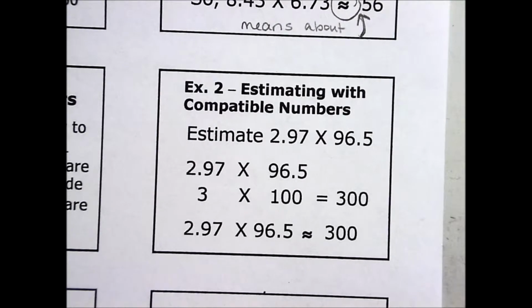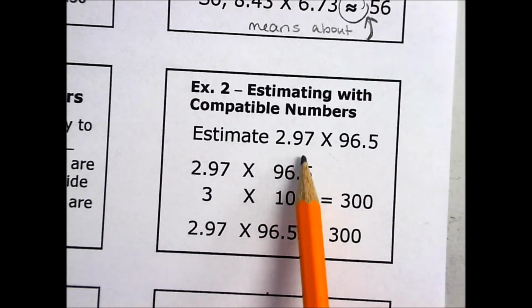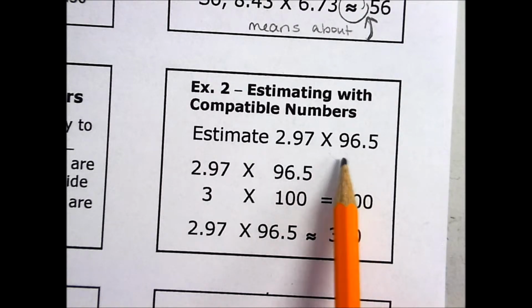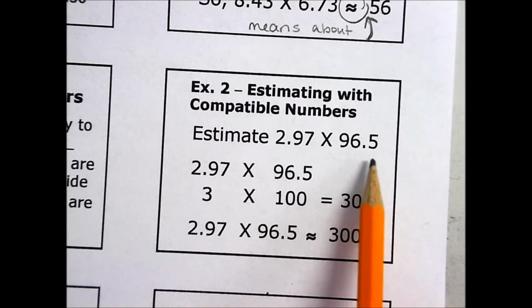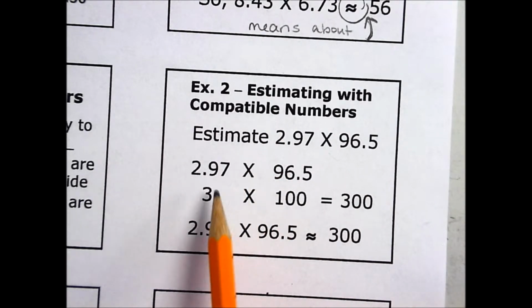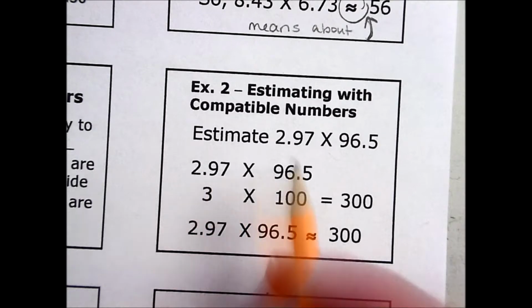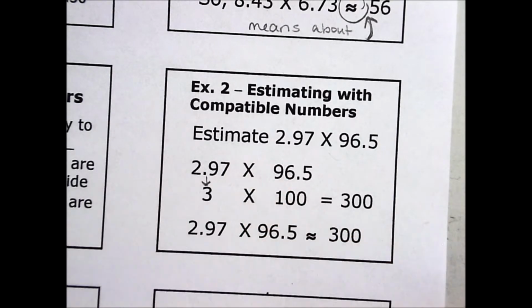So for example 2, we're estimating with compatible numbers. So this time we have 2 and 97 hundredths times 96 and 5 tenths. So we want the compatible numbers, and so this 2 and 97 hundredths will go to a whole number of 3, which is the same as if we were estimating by rounding.